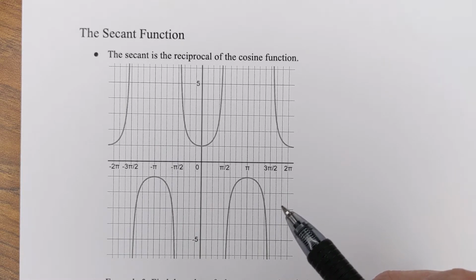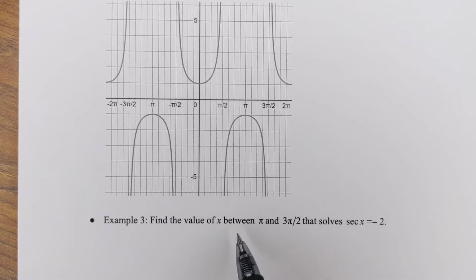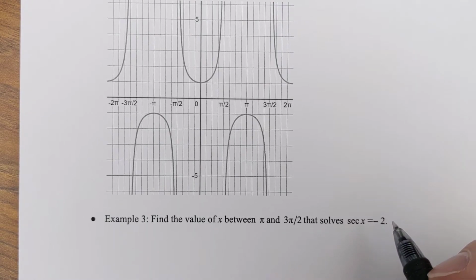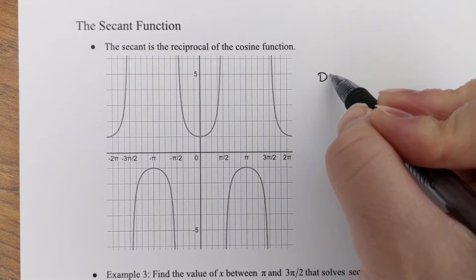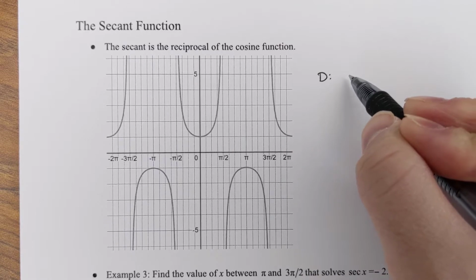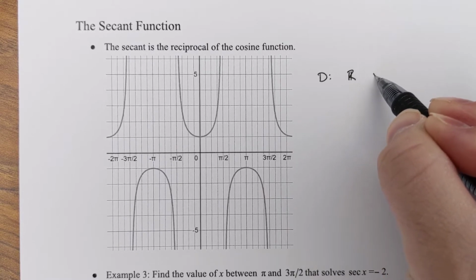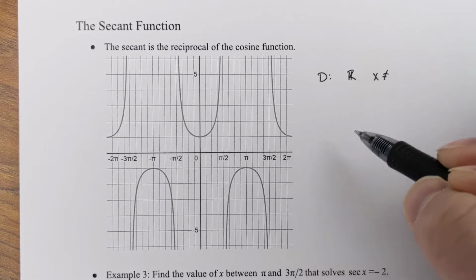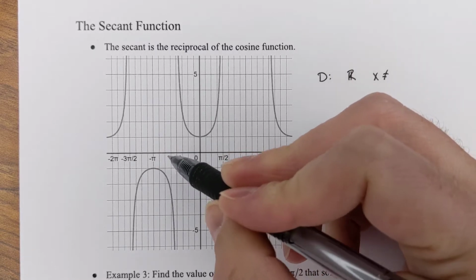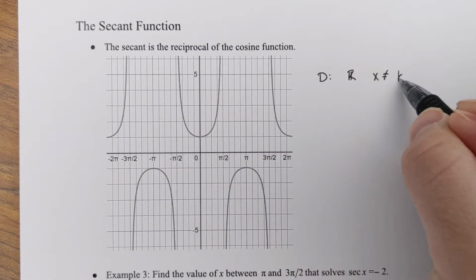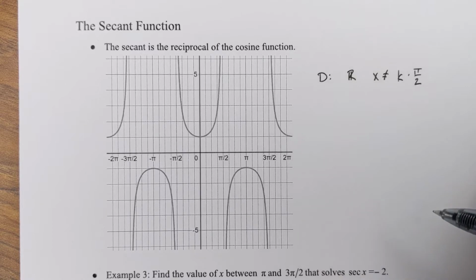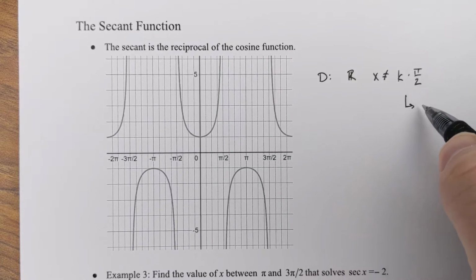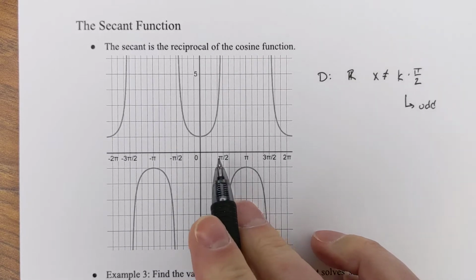So find the value of x between pi and 3 pi over 2 that solves this equation. Okay, we're going to do some algebra here, but before that we'll do the domain up here. The domain is all reals, x not equal to k times pi over 2, where k is odd, the same as tangent, so pi over 2, 3 pi over 2, and so on.